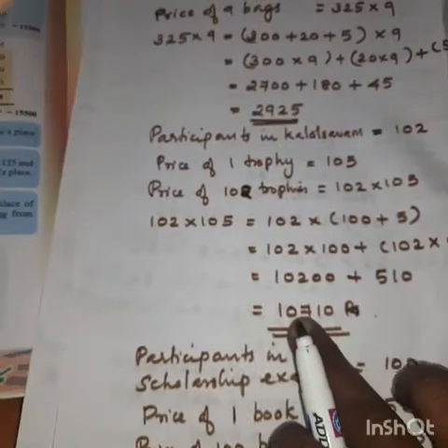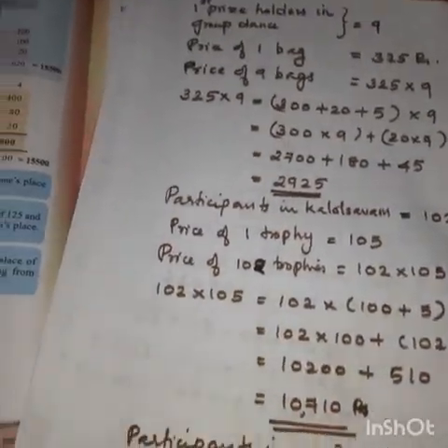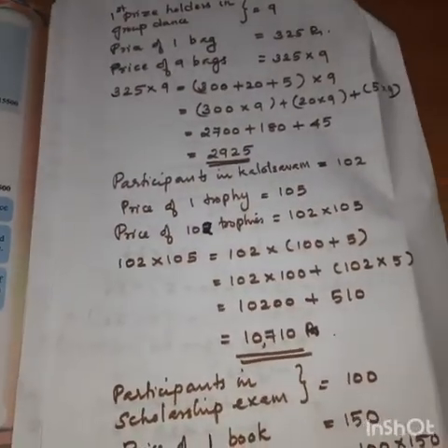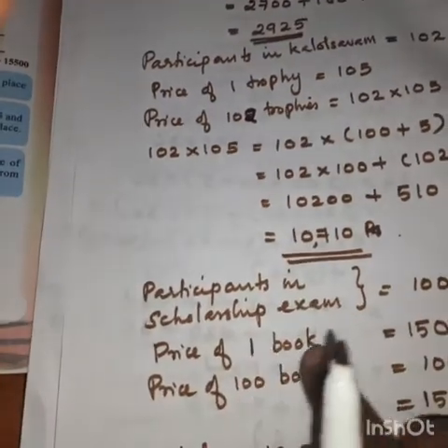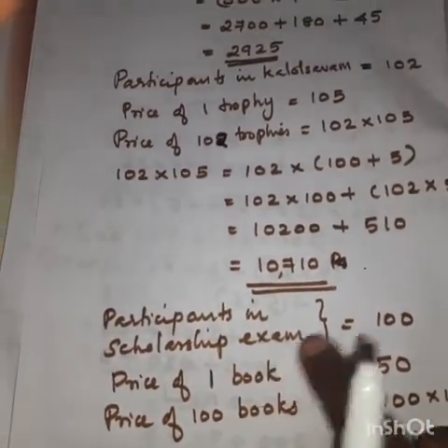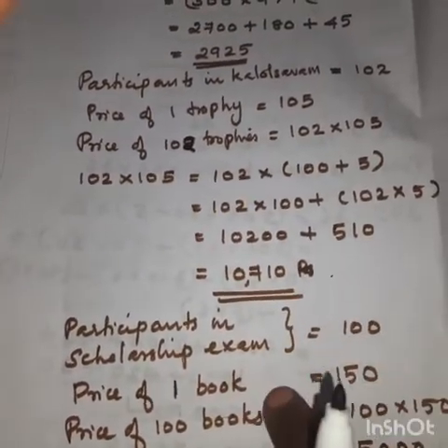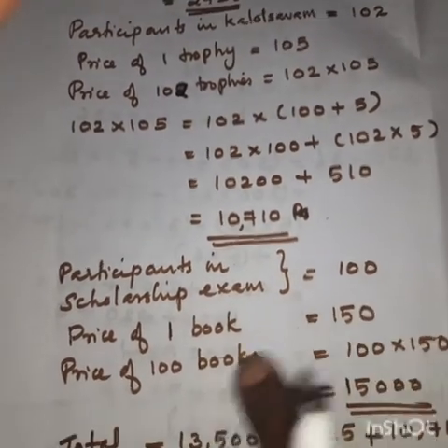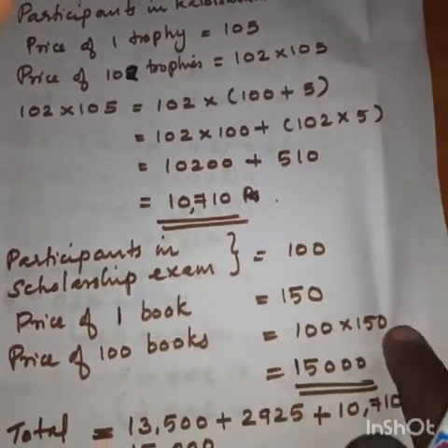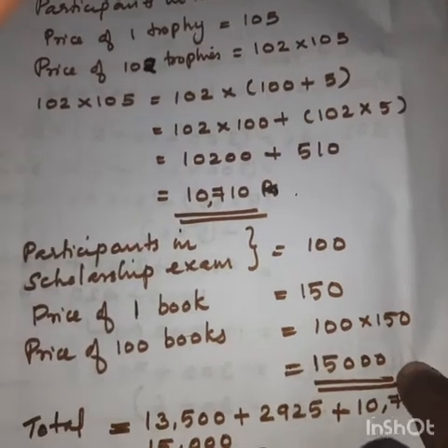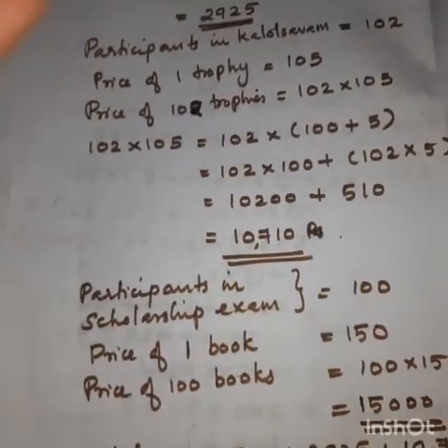We get 10,710 rupees. Then participants in the scholarship exam 100. They got a book of rupees 150. Price of 100 books is equal to 100 into 150. That is easy multiplication. That is 15,000.